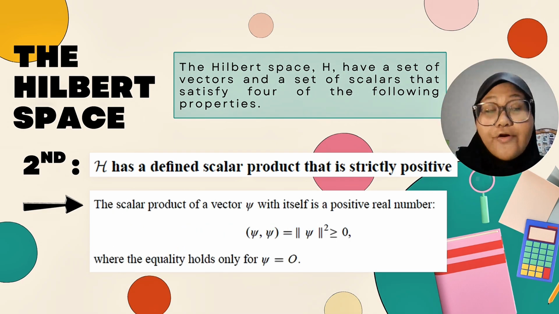And for the fourth property, the scalar product of a vector psi with itself is a positive real number. When psi is multiplied by psi, it will equal a real number, not an imaginary number, where the equality holds only for psi equals 0.